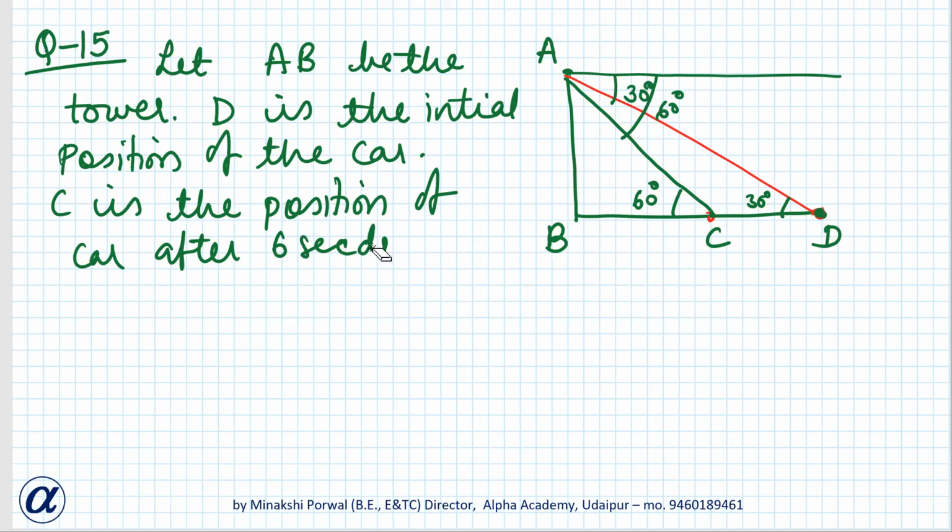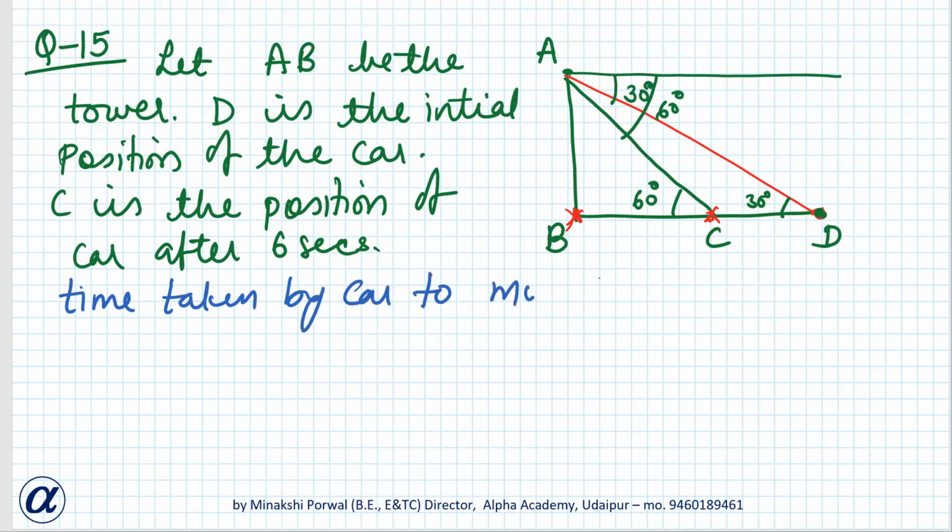Now find the time taken by the car to reach the foot of the tower. So the car is here now, and how much time will it take to come to B? What is unknown is the time taken by the car to move from C to B.